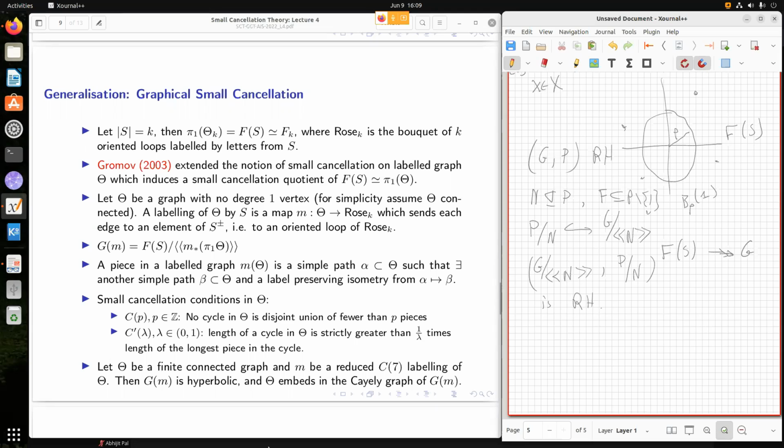What does it do for us? It gives each edge of theta a label using S elements. Sending an edge to this rose on k petals means we are giving it a label.